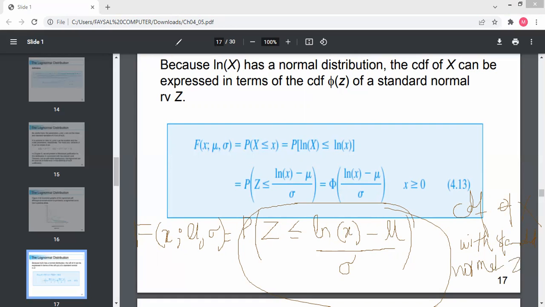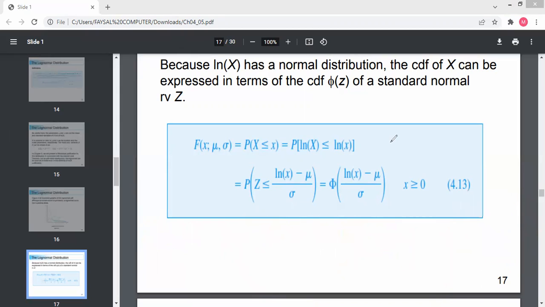Now for the second, the CDF with the parameters, phi of z, so sorry, there will be no p.